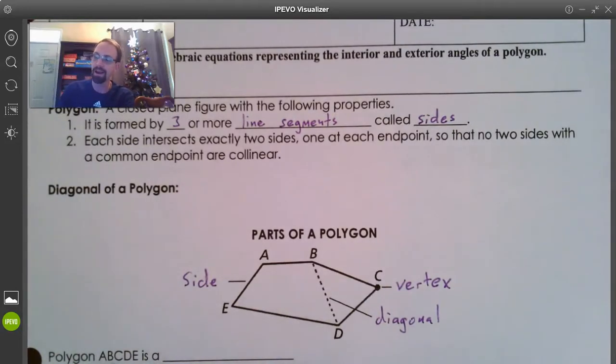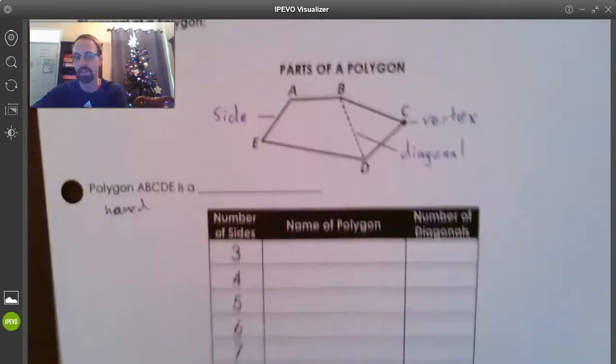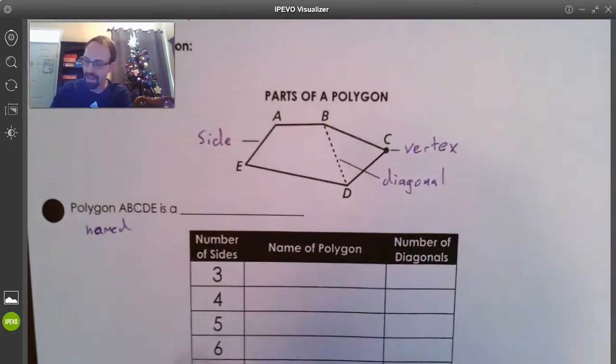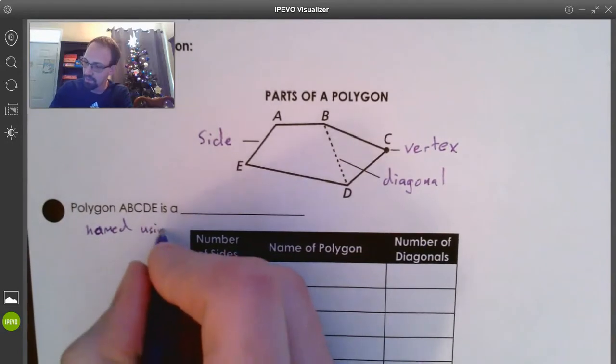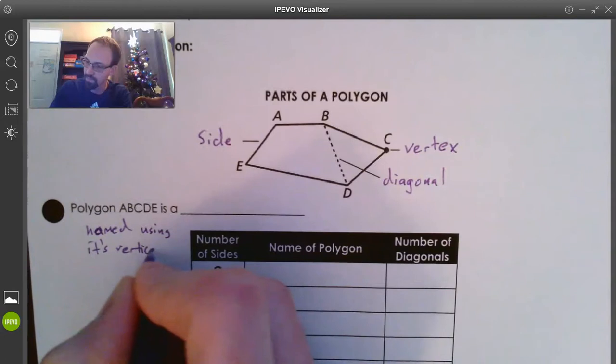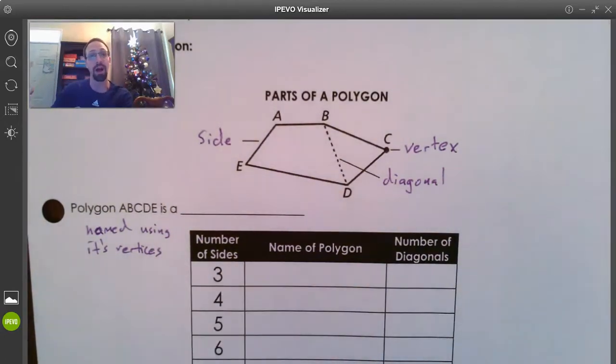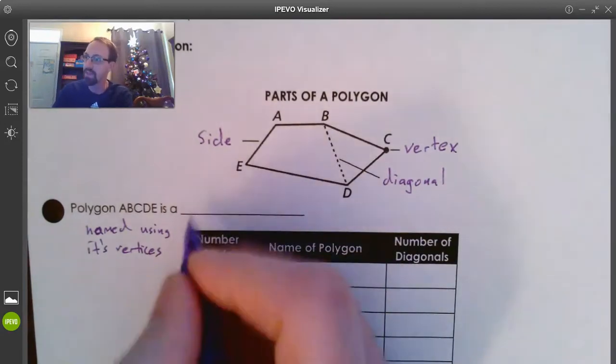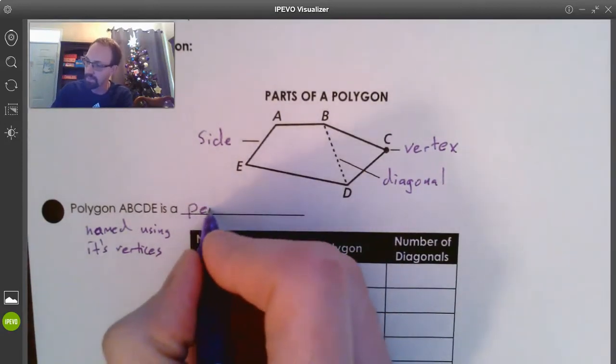So we call it polygon ABCDE, naming it by all of its vertices. It's named using its vertices. Usually we write them in alphabetical order, so notice that it's A, B, C, D, E, not a different order. And this is called a pentagon.